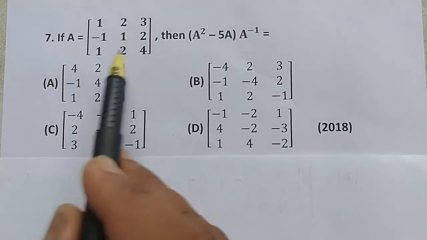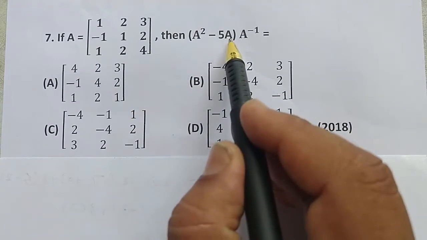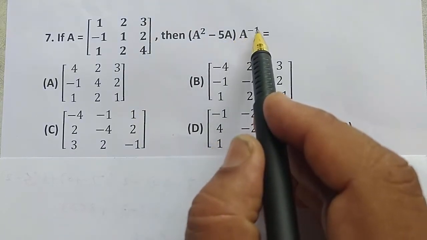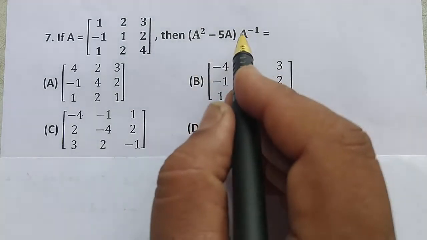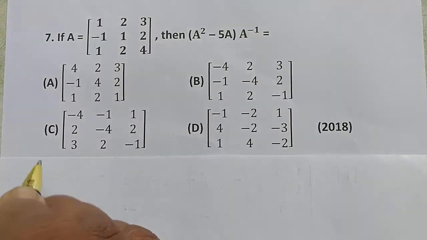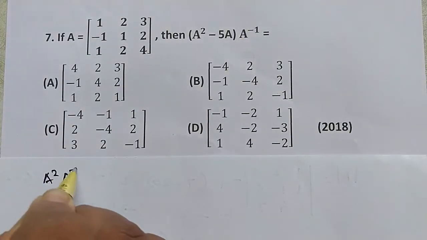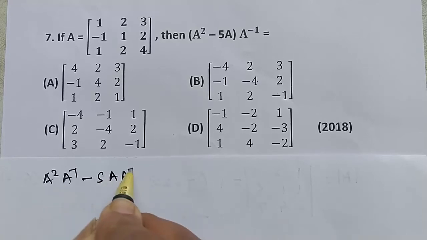Number 1: if A is the given matrix, then A square minus 5A into A inverse is equal to what? First we multiply by A inverse inside the bracket, that is A square into A inverse minus 5A into A inverse.